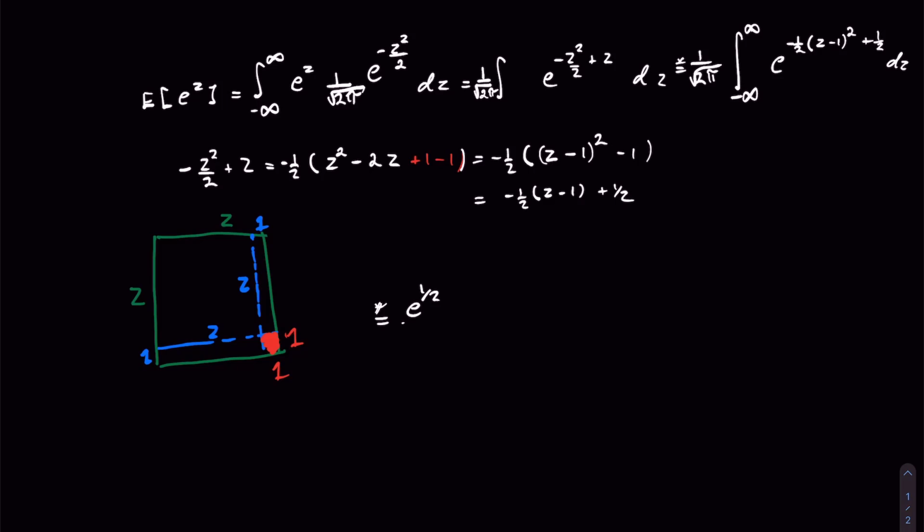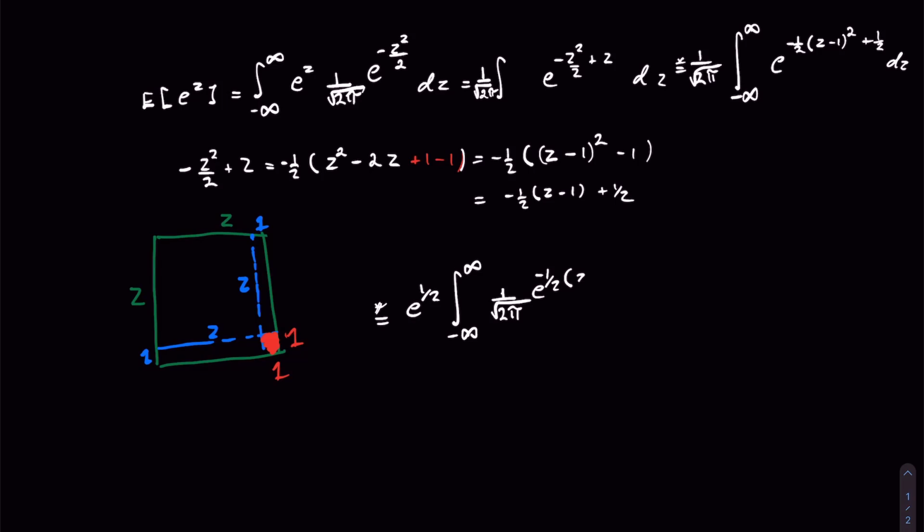Then what we can do now is move this whole term inside the integral just to make it resemble exactly the PDF of a normal.